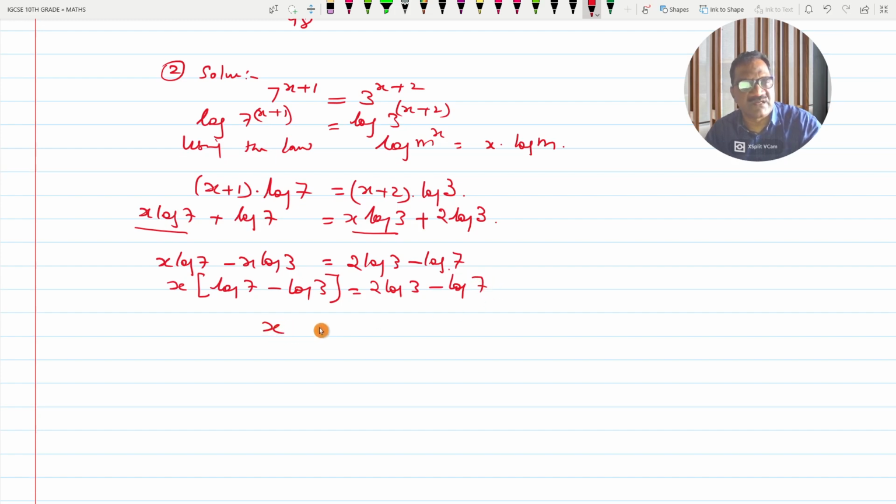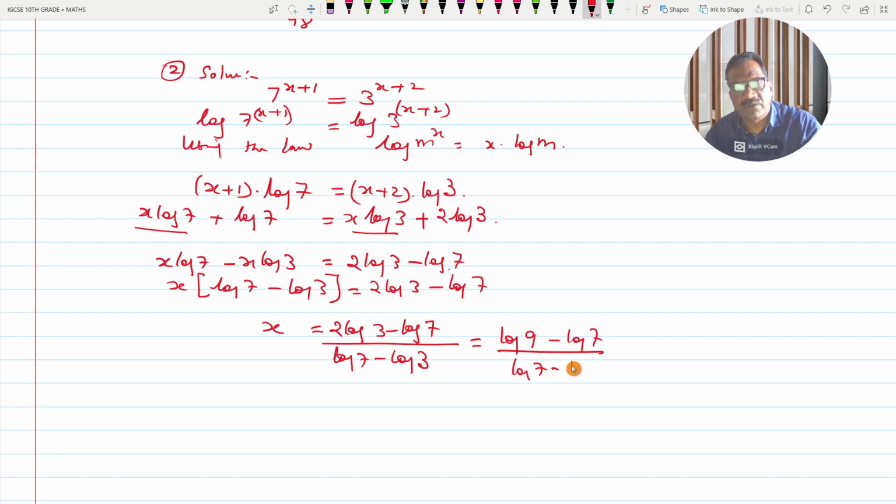So ultimately x will be equal to 2 log of 3 minus log of 7 divided by this whole thing, log of 7 minus log of 3. I think that's the answer, or you can write this as, log of 9 minus log of 7 upon log of 7 minus log of 3.